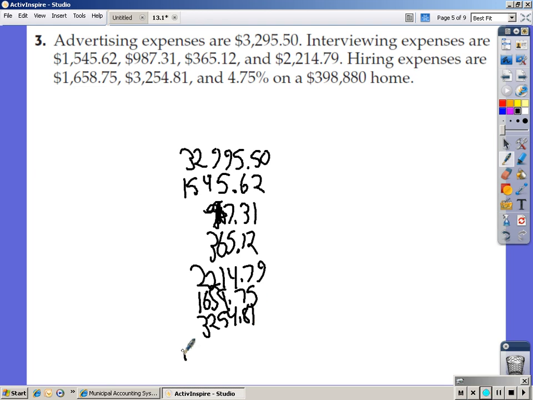And then we got 4.75%, 398,880, and that equals 32,268.70.